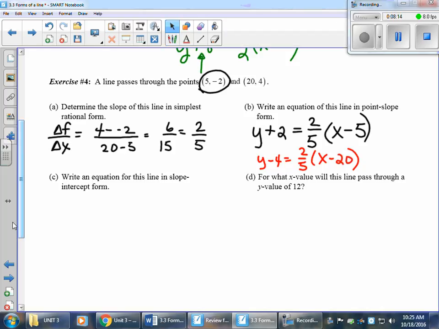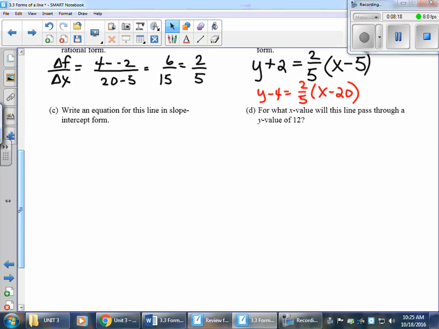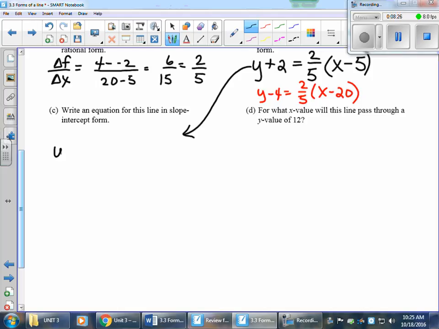C, write an equation for this line in slope-intercept form. So again, we can do it either way. Because we already have it written in point-slope form, I'm going to just rearrange this as y plus 2 is equal to 2/5 (x minus 5). Don't be concerned about the fractions. It's not a big deal. I know it's the F word of mathematics, but we can get over it.